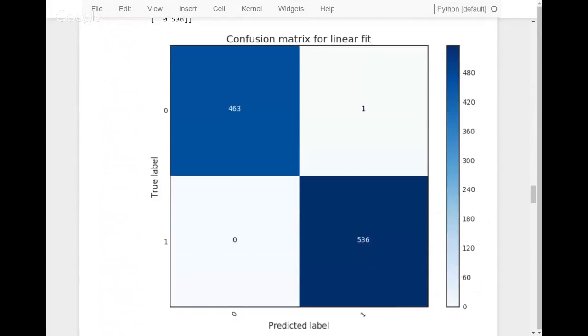When I do this, I can construct our confusion matrix, and we get near perfect separation. The additional error is just numerical instability. It really shouldn't be perfect separation, because there is a perfect separator here. Of course, that should say polynomial fit, not linear fit, in the confusion matrix.